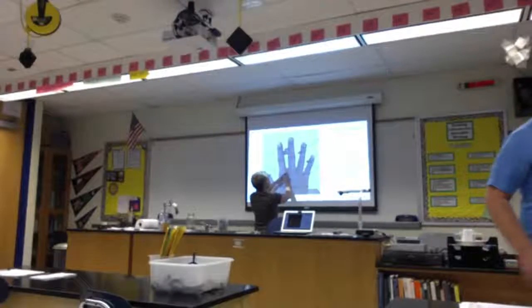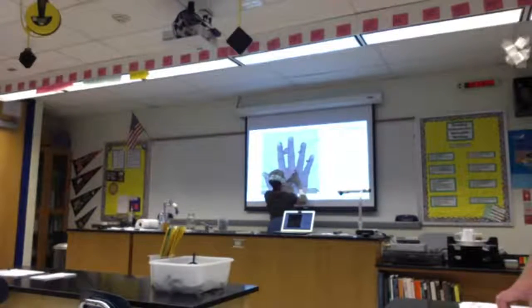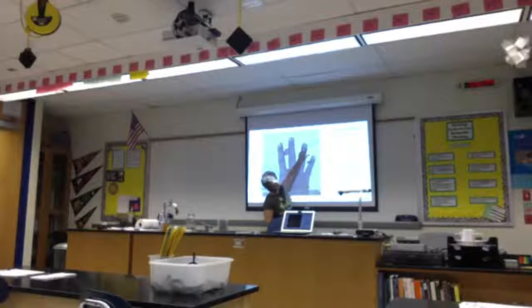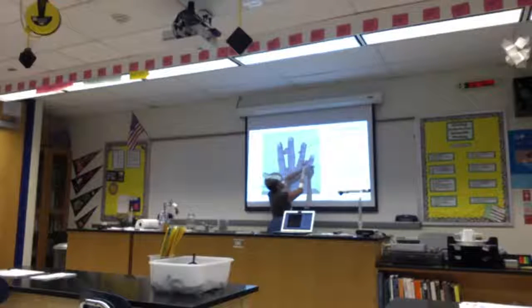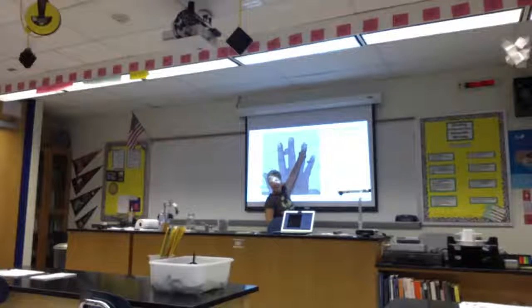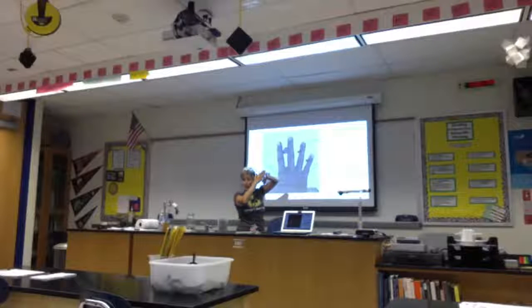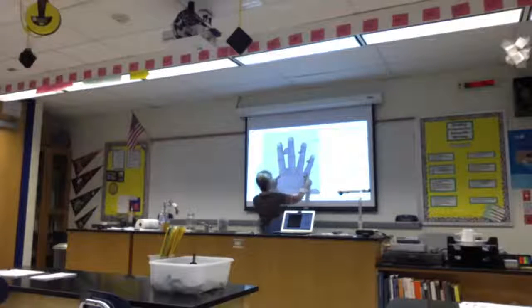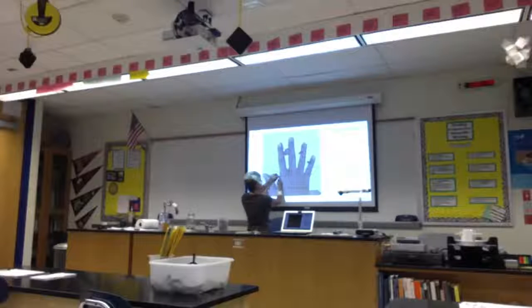The B is on the ring finger, the distance going across the base of their nail. So this is where the base of the nail is, so they would be laying the ruler across so that it lines up with the base of their nail. C is this distance, right?